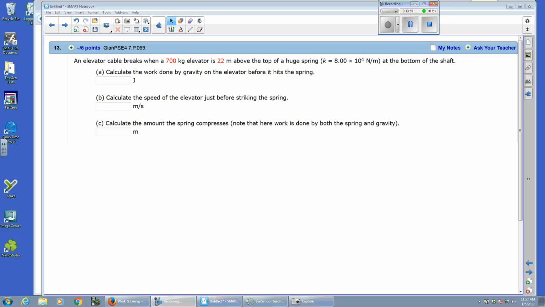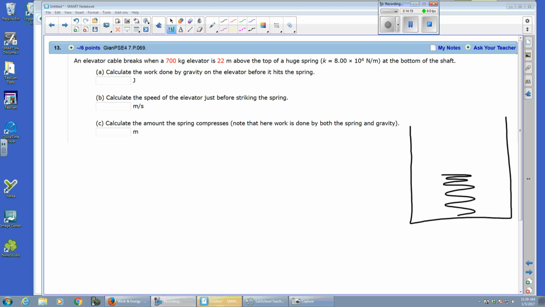Okay. So this is one of my favorite ones because people forget that while the spring compresses, gravitational potential energy is still being changed into elastic potential energy. I like to show it best through a diagram where we've got a big old spring and the elevator hits it and goes down. We'll call this delta h; it compresses down to there.